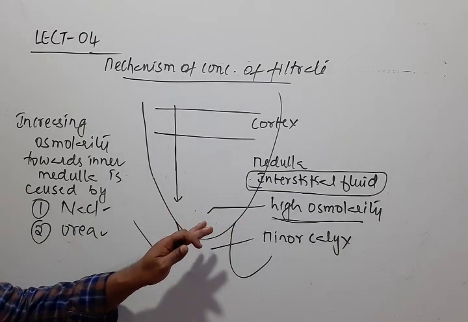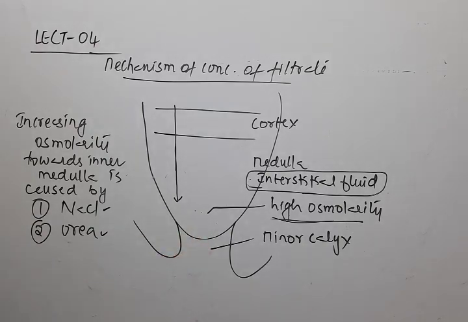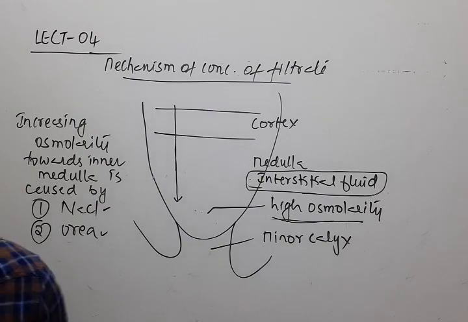So how is it seen, and how does it actually help in concentrating the urine? I told you that the loop of Henle plays a very important role in concentrating the urine, along with the vasa recta, a part of the peritubular network.